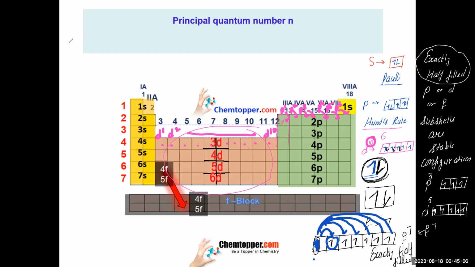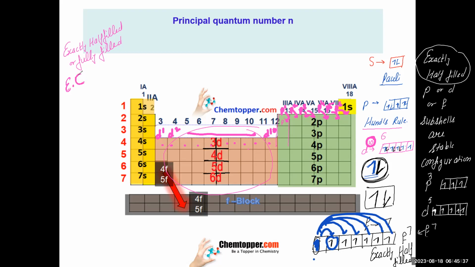So remember, exactly half filled, or fully filled. Keep practicing it. Fully filled electron configuration. So for electron configuration, I will be writing uppercase E, uppercase C like this.